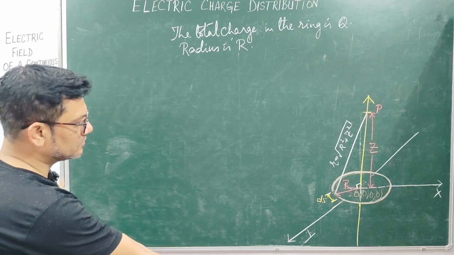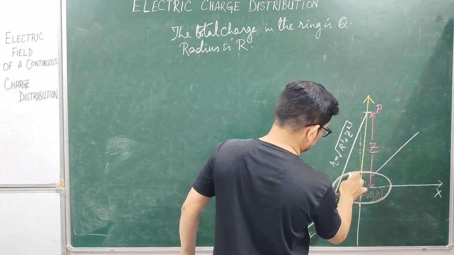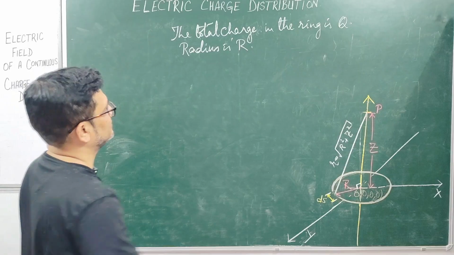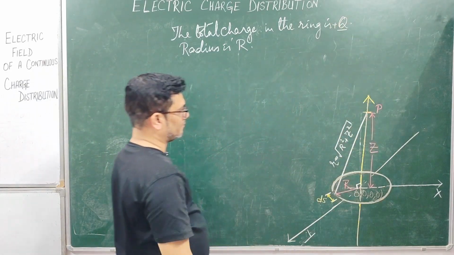It's also uniformly distributed. So this ring is uniform and this charge is uniformly distributed. So this is a positive charge and this is uniformly distributed.